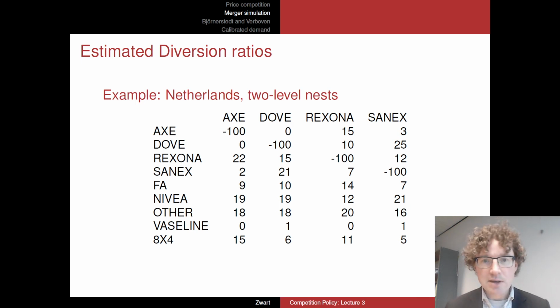So you see in particular that there's a strong substitution between, in this case, for instance, Dove and Sanex, but no strong substitution pattern between Dove and X. So somehow Dove and Sanex are more closely related in this competitive setting than Dove and X are.